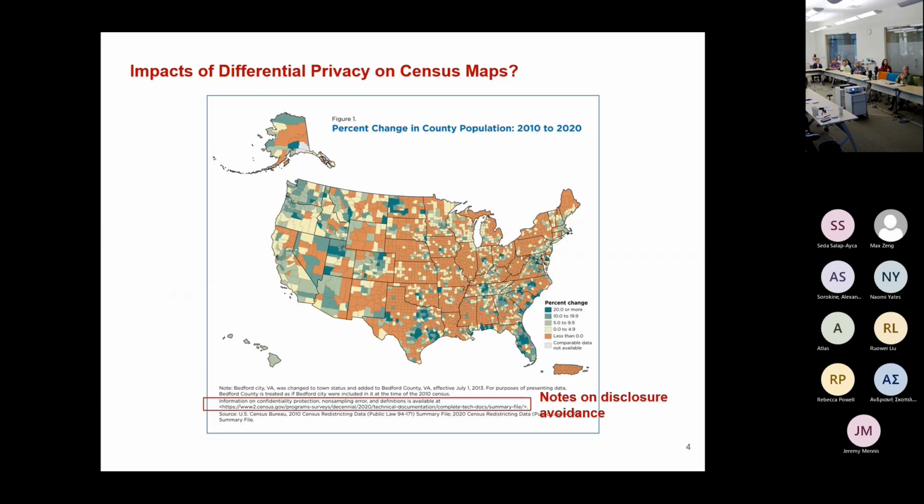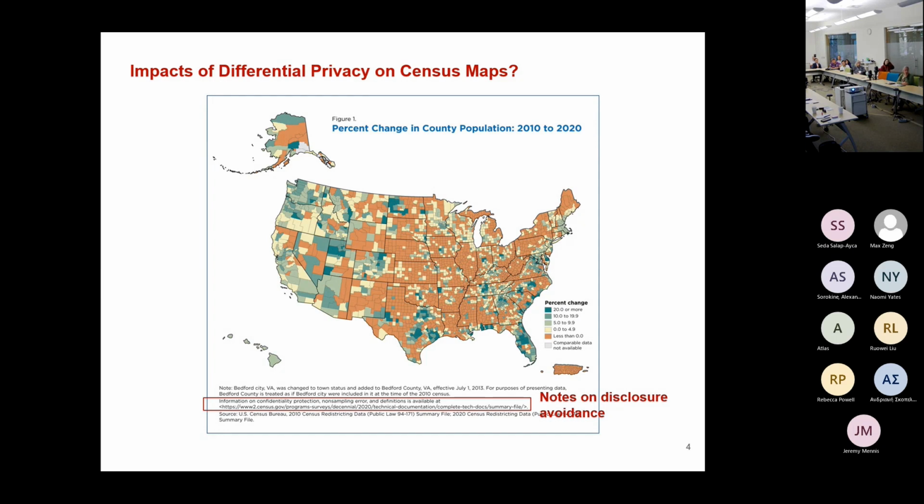So under this context of mandatory privacy protection, how can we better understand the maps made with privacy preserving census data? If you look at the US Census Bureau map gallery, there are lots of maps produced by the Census Bureau, and many of them have notes underneath saying that some privacy protection techniques have been applied to the data prior to mapping.